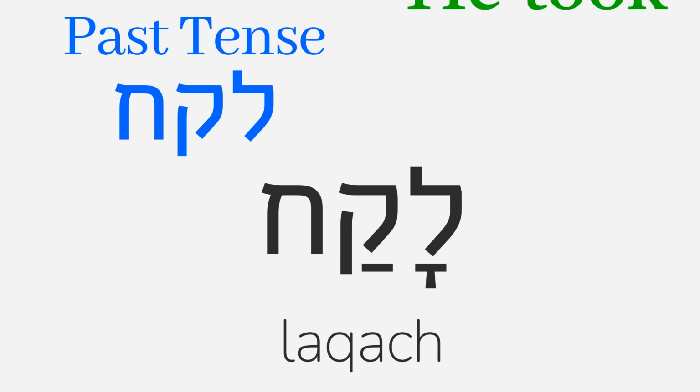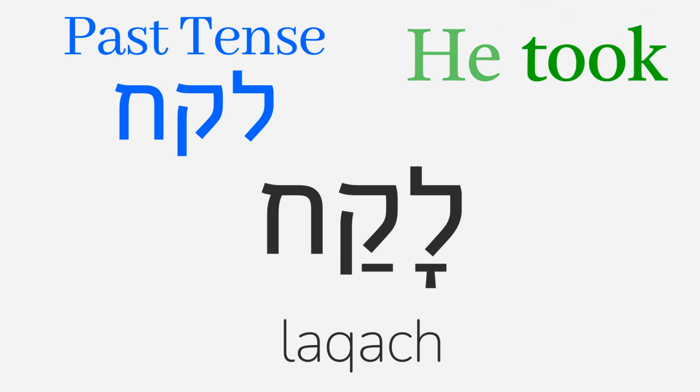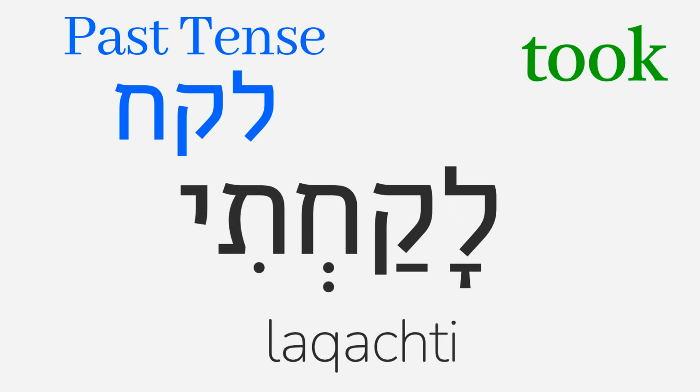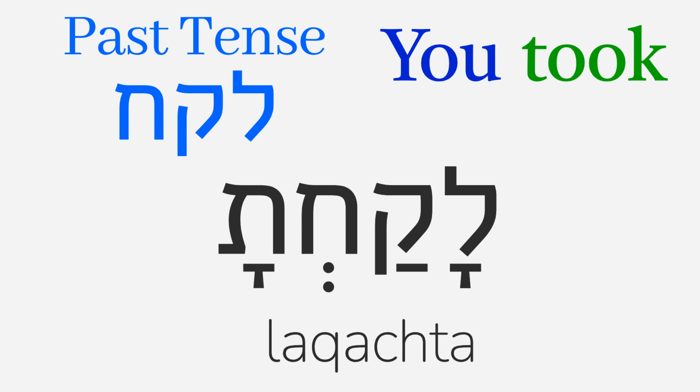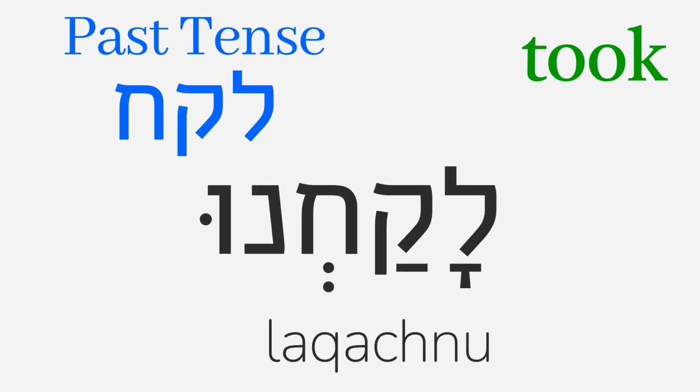Lakach means he took. We can add ti to lakach to get lakachti, I took, ta to get lakachta, you took masculine singular, t to get lakacht, you took feminine singular, and nu to get lakachnu, we took.